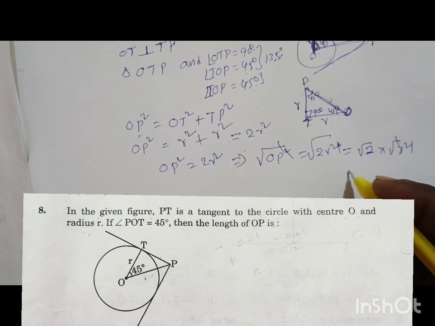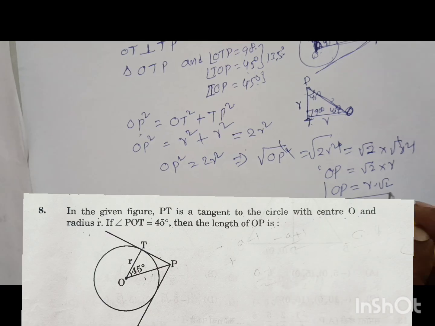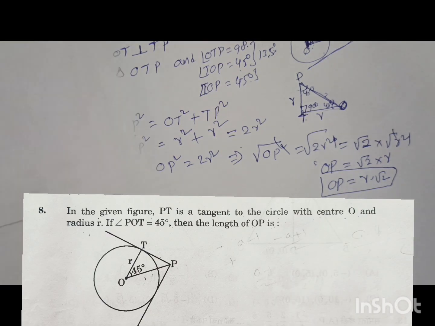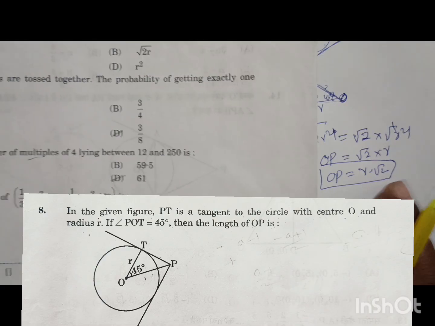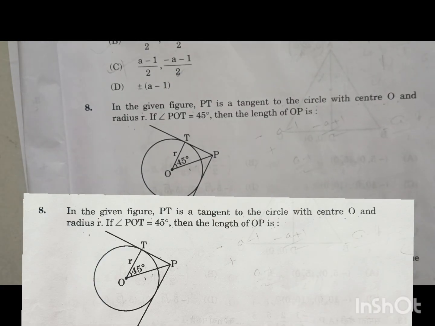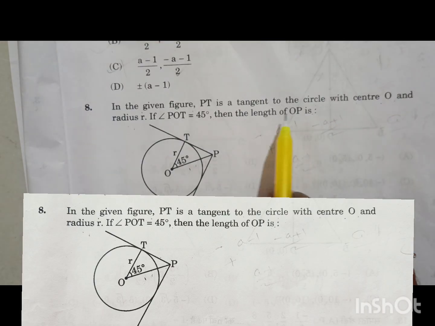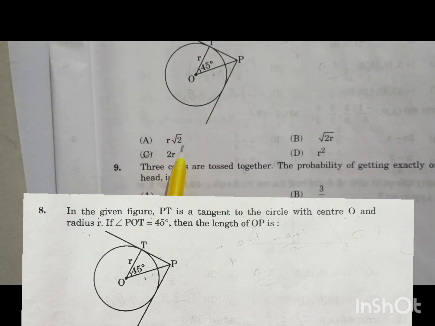The square root cancels, therefore root 2 into R. So OP equals R into root 2. This is the required answer: the length of OP is R into root 2.